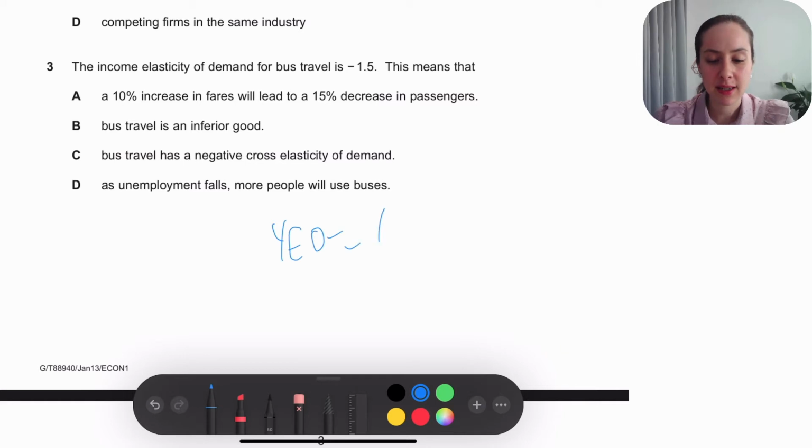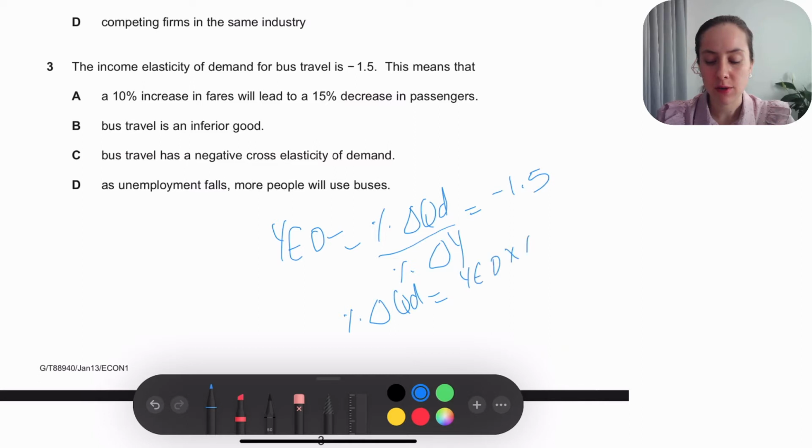Income elasticity is, let me write down the equation. Income, always quantity demanded on the top. This is minus 1.5. The first one's asking me for demand, so let me just rearrange that. To get that, we want the YED times the percentage change in income, and they've given us the YED, so that's minus 1.5.